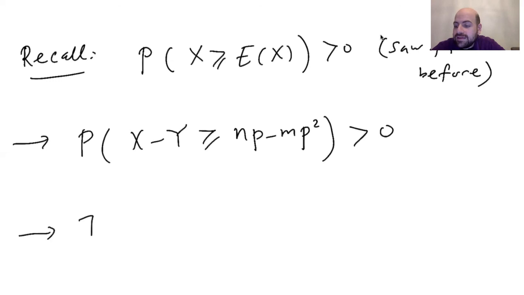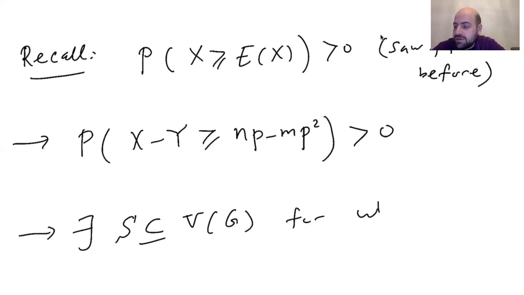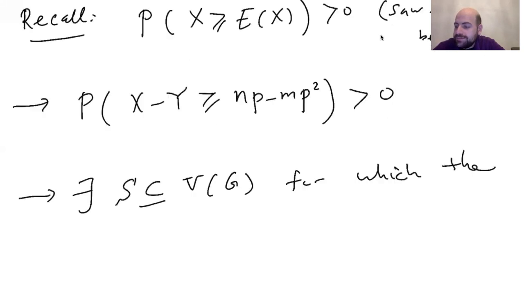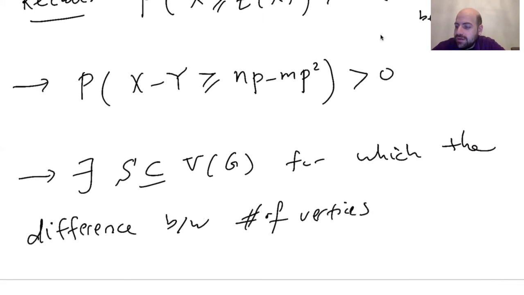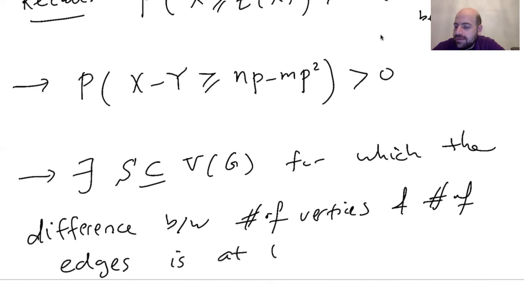That means there exists a subset S of the vertices of G for which the difference between the number of vertices and the number of edges is at least NP minus MP squared.